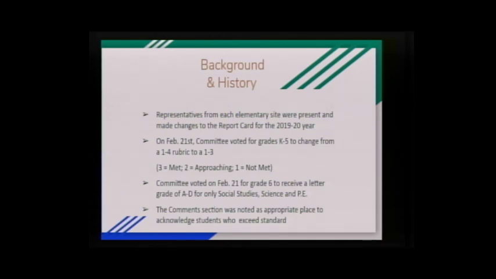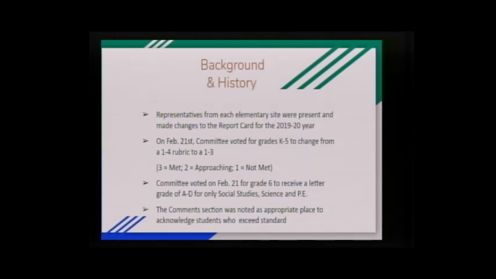On February 21st, according to the minutes, the committee voted for grades K through 5 to change from a 1 to 4 rubric to a 1 to 3 rubric. Specifically, a 3 would equal met, a 2 would equal approaching, and a 1 would equal not met.